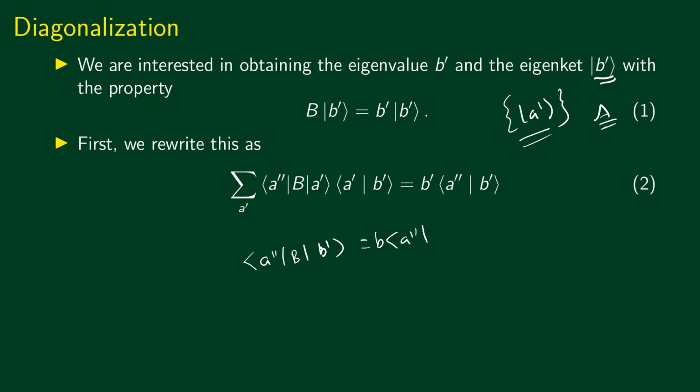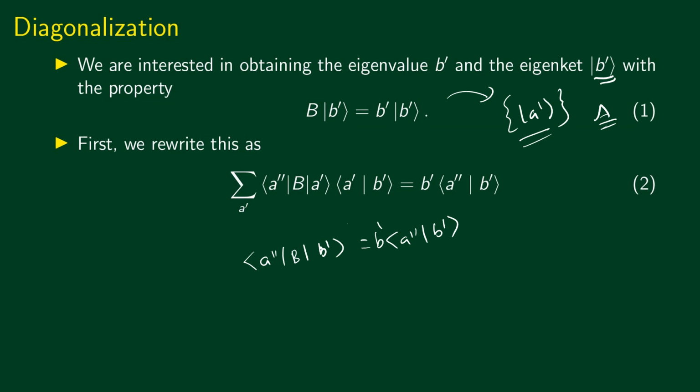This b prime can be taken outside. What is this? This is the corresponding column. This is the relation between two column matrices. This is the relation between two kets. This relation between two column matrices actually represents this relation between two kets in this particular basis.